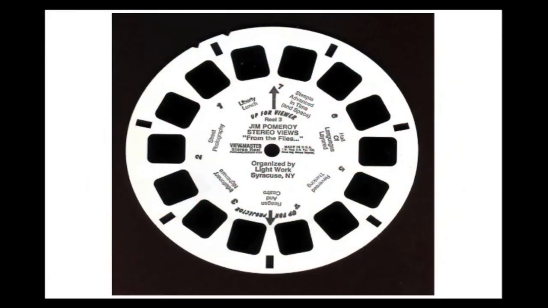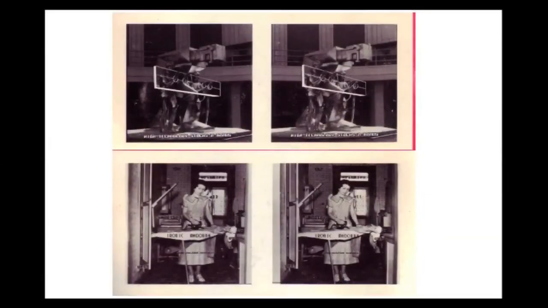And he also published work as custom-made Viewmaster reels, like in this particular set, which came with the viewer and with a set of 3 reels of stereoscopic photographs, and including pictures like these.